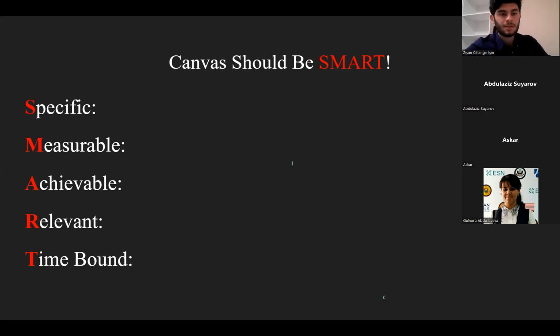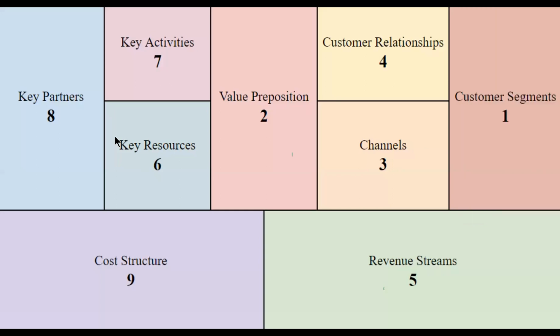So let's go into more detail. This thing you see on the screen is like a general canvas example. The main topics are customer segments. I numbered them specifically because it's more effective if you fill the canvas up in a certain route.